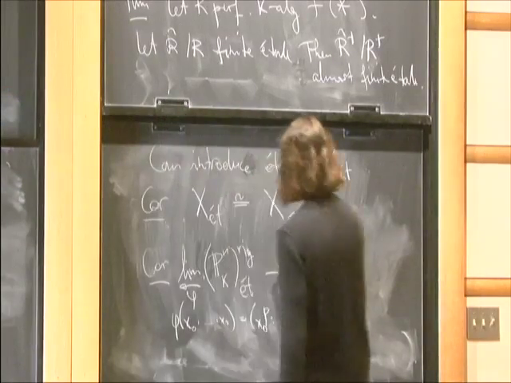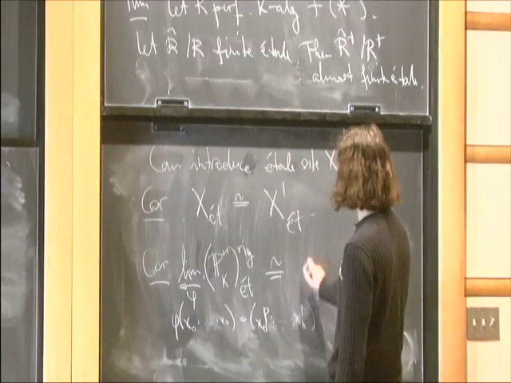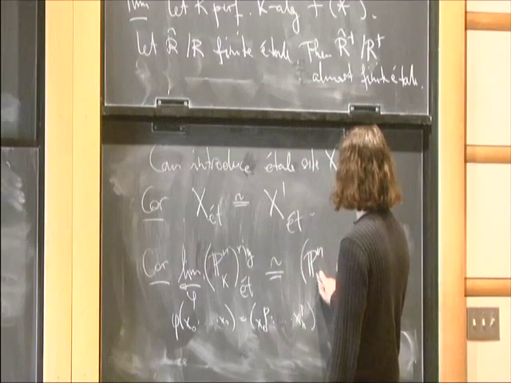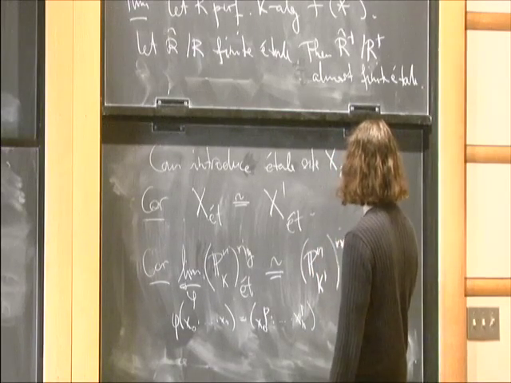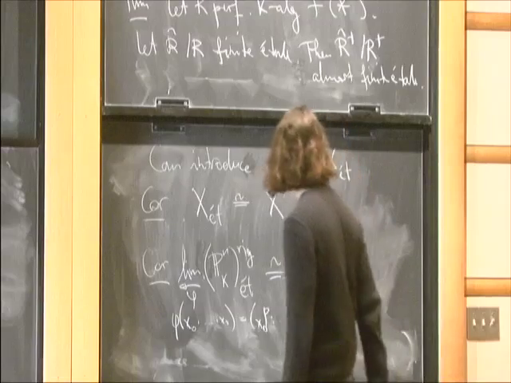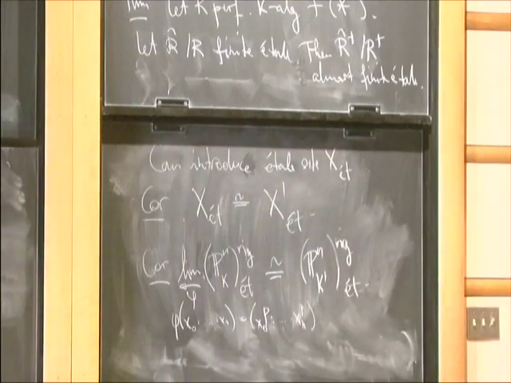Then you can easily deduce from the theorem that it's equivalent to the étale topos of the rigid space associated to the P^n over k prime. So in some sense, the P^n over k prime can be seen as a pro-cover of the P^n over k.